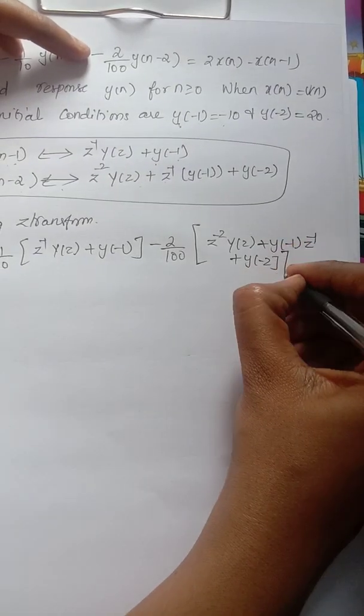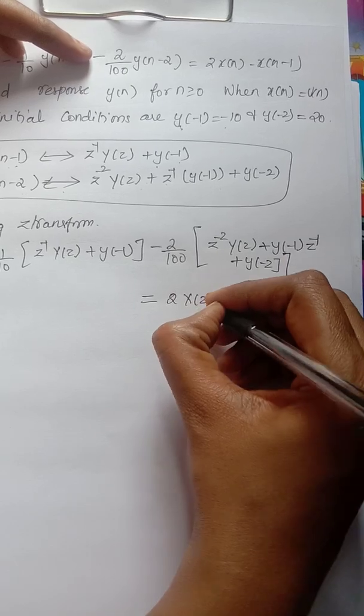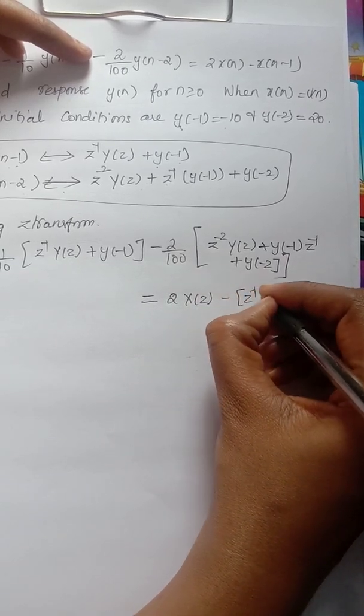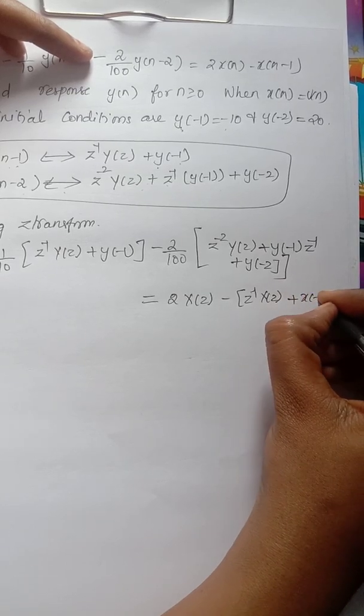Okay, so this is the left hand side, which is equal to 2 into x of z minus z inverse x of z plus x of minus 1.